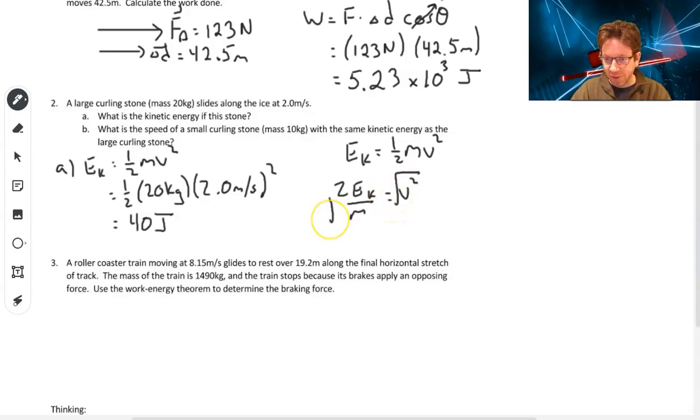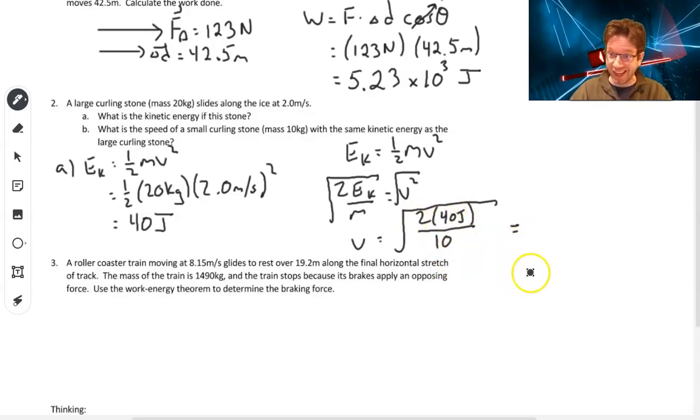Take the square root of both sides, and we'll get v equals the square root of 2 times Ek, which is 40 joules, all divided by mass, which is 10 kilograms. So that's 80 divided by 10, which is 8, which is 2 root 2 meters per second, but let's see what that is. Specifically 2.8 meters per second.